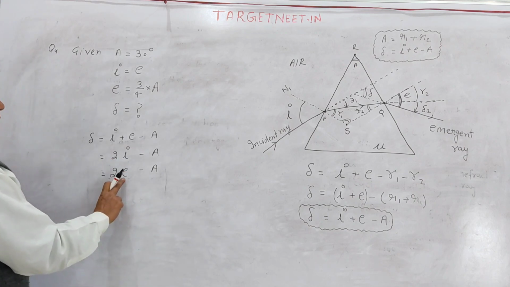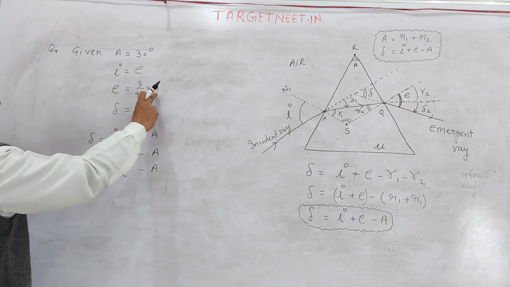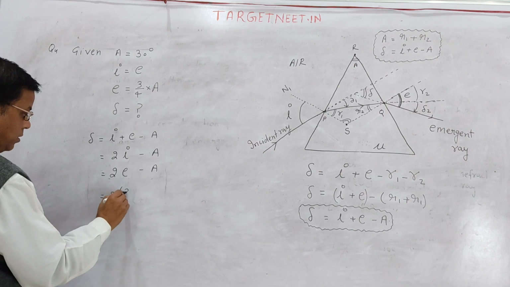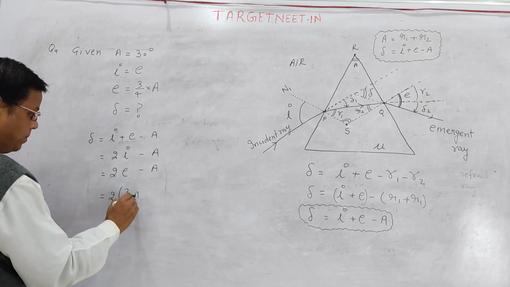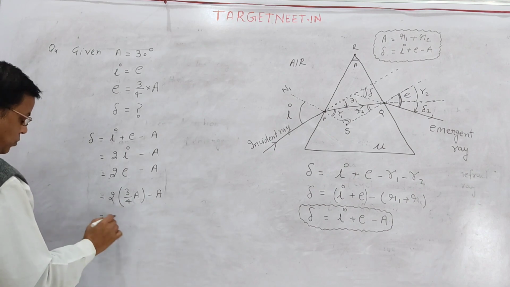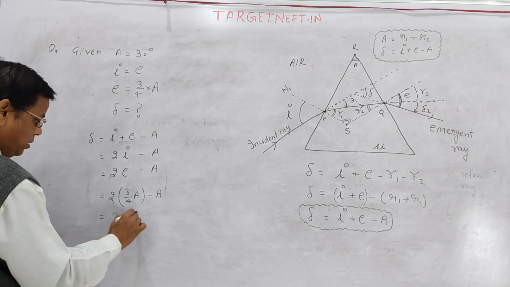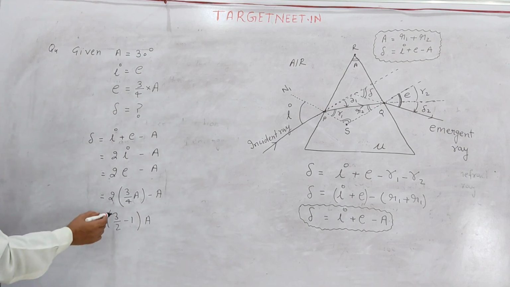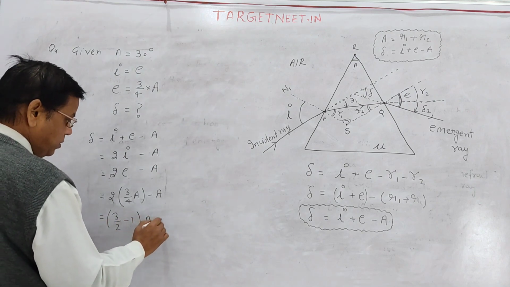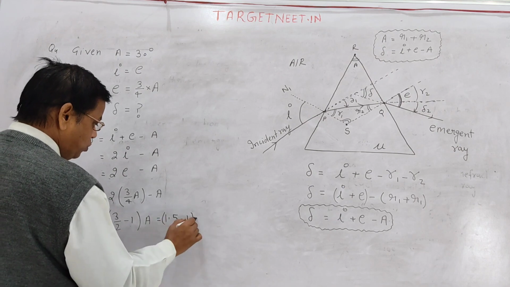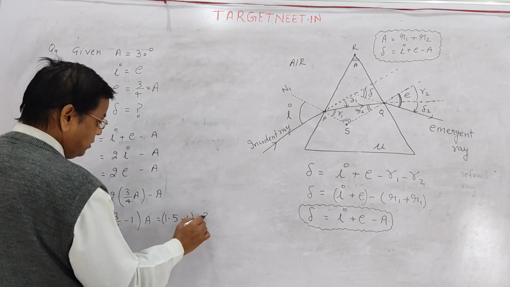Now E is equal to 3/4 times A, so in place of E we can write 3/4 A, so it is (3/2 minus 1) into A. 3/2 means 1.5, so it is (1.5 minus 1) into A, and A is 30 degree.